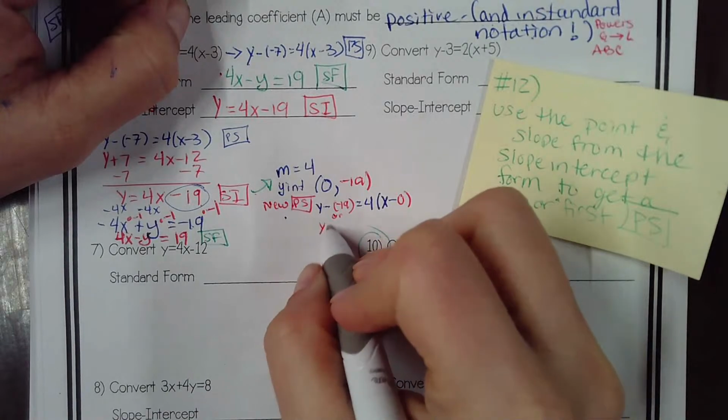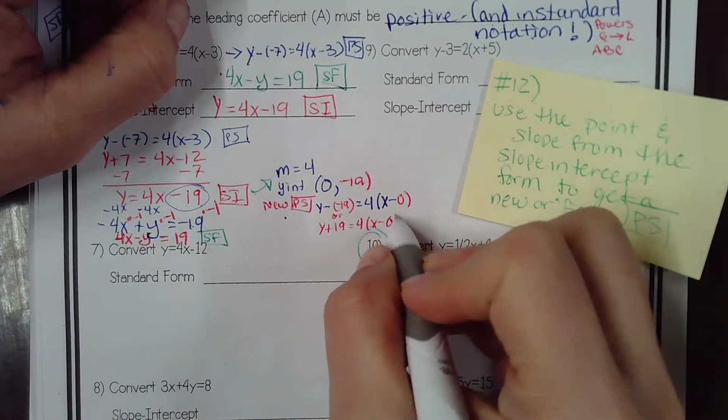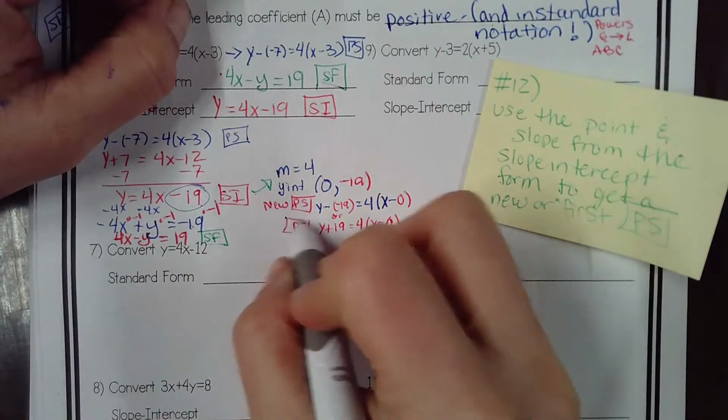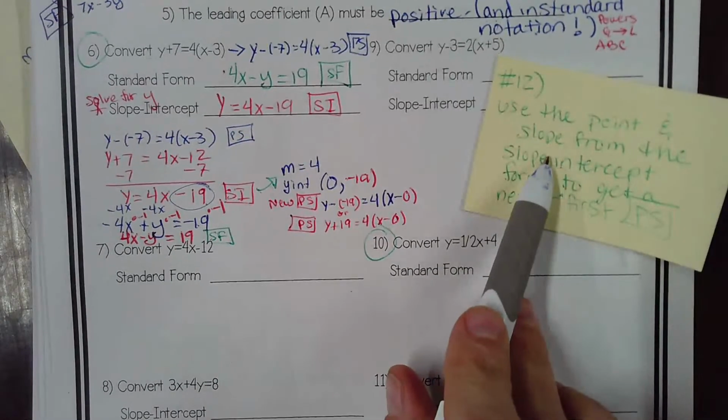Or you could say y plus 19 equals 4 parenthesis x minus 0. If I don't give you point slope to begin with, you can find it every time. That's the purpose of number 12.